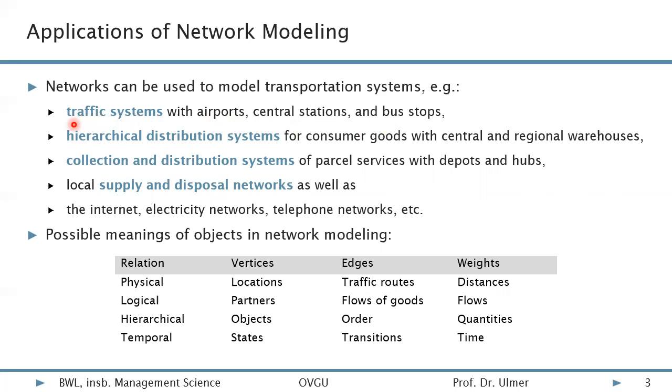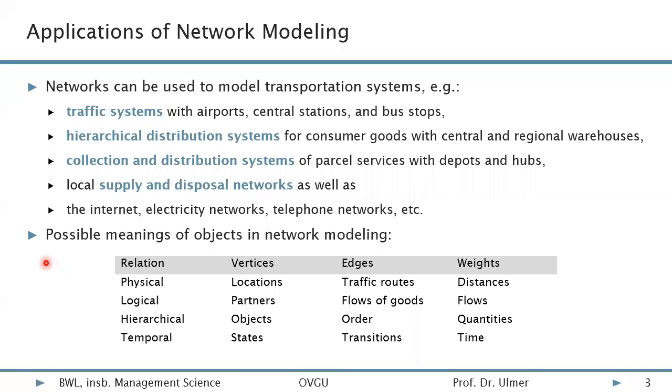For example, we have a set of bus stops, and we have connections between them indicating how lines progress in the system, and the weights on these could represent either the distances or other things like the expected demand for this combination. So we could say this is a physical network.